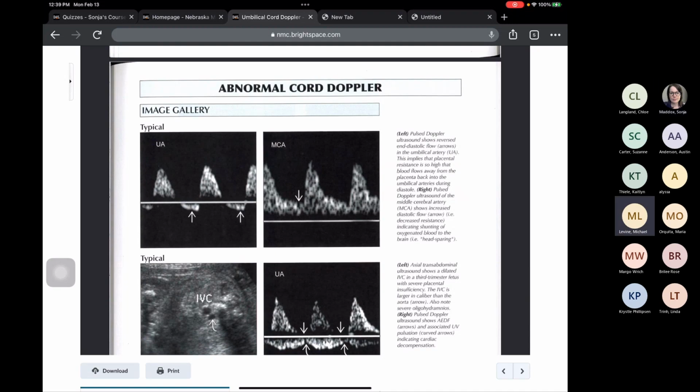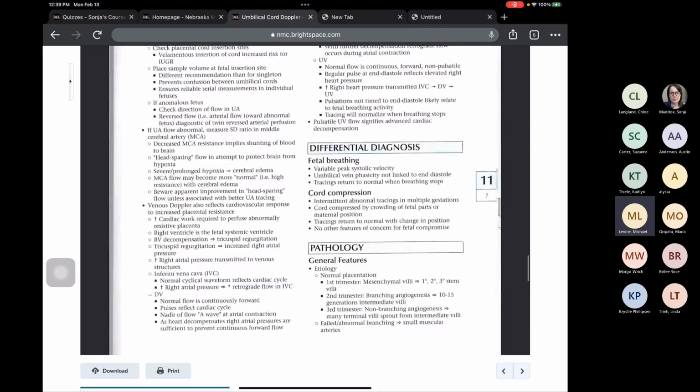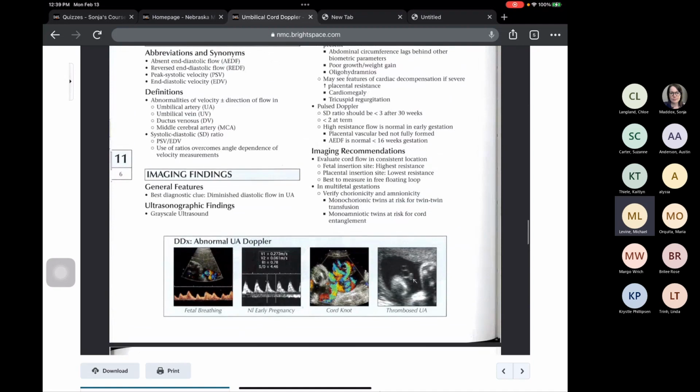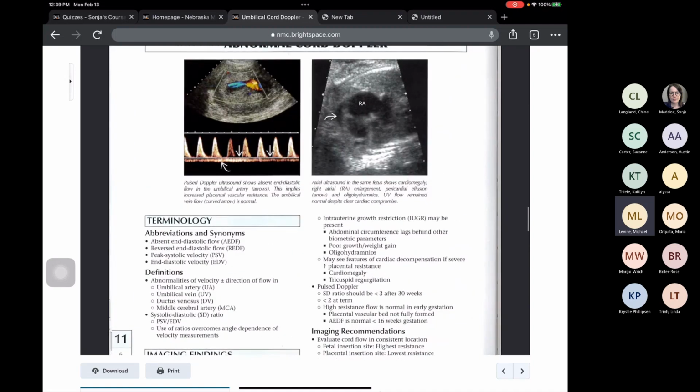But the normal flow is important to understand, and umbilical arteries and umbilical veins are very easy to detect. One thing that's also important is to make sure you count the number of blood vessels in the cord. It's very easy to miss an absent umbilical artery.